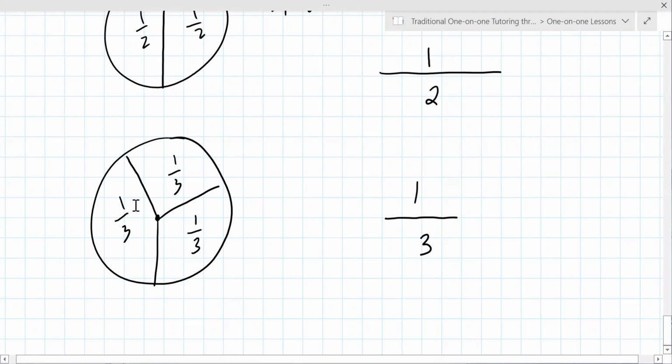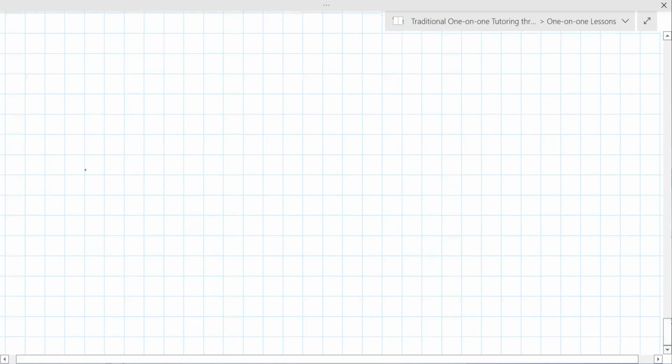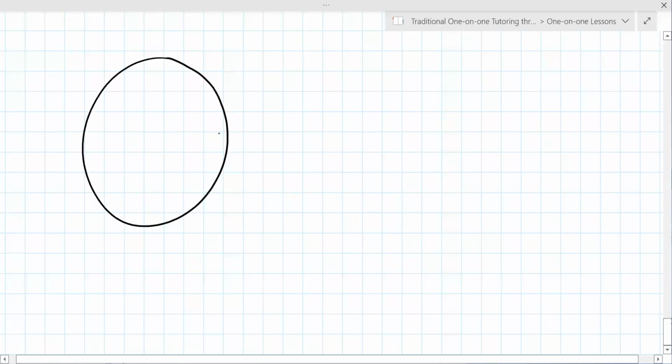And then each individual piece is one of them. Let's look at another circle. How many pieces have I cut this up into? 2. Nope. How many pieces do you see here? You've had pizza before, right? Yeah. How many slices of pizza are there? 4. So each of these is 1/4.